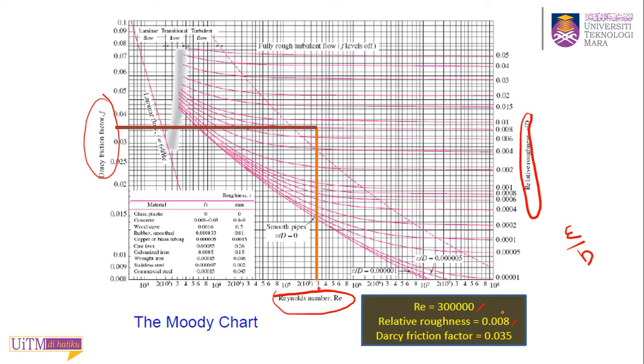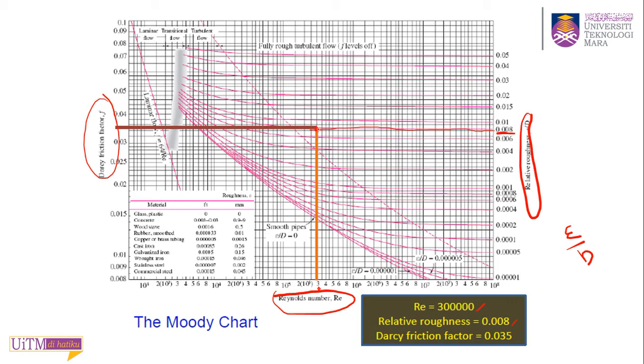And your relative roughness is 0.008, so you refer to your axis for relative roughness. Where is your 0.008? It is here. Then you draw another line from your relative roughness to the left and intersect with your Reynolds number line.